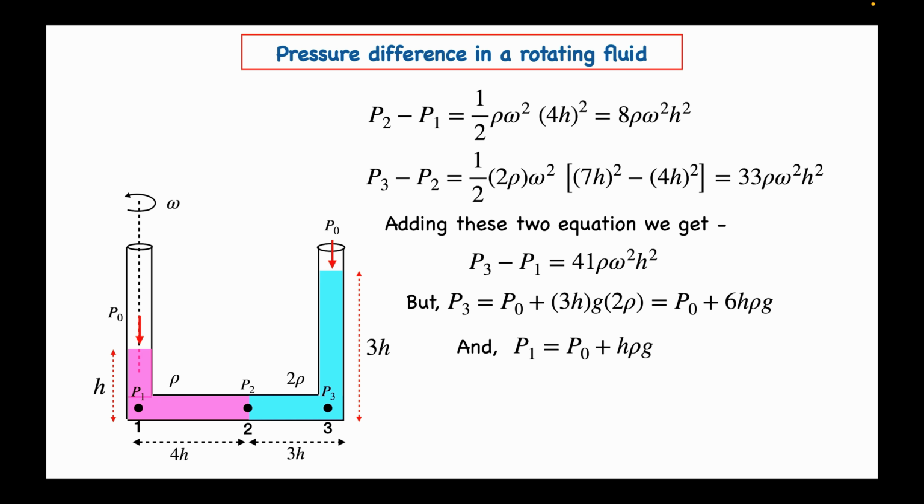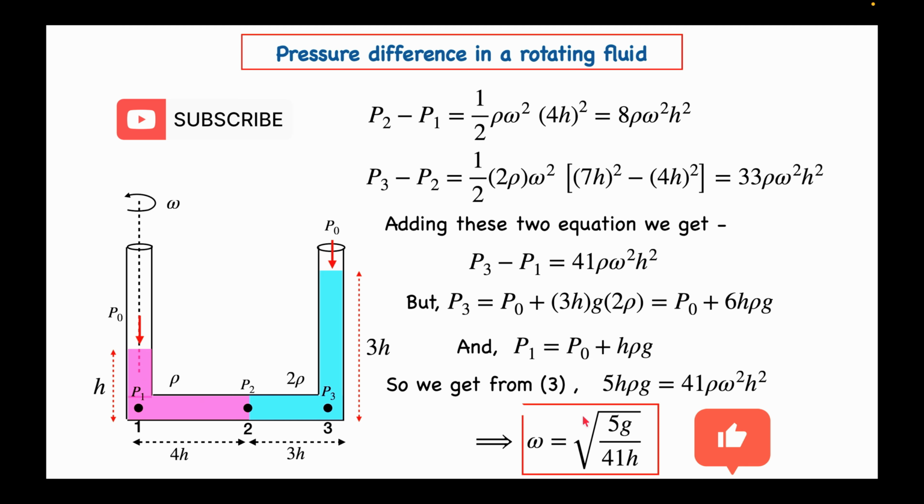And P1 equals P0 plus h rho g. So from equation 3, that is P3 minus P1 equals 41 rho omega square h square, 5h rho g equals 41 rho omega square h square, or omega equals root over 5g by 41h.